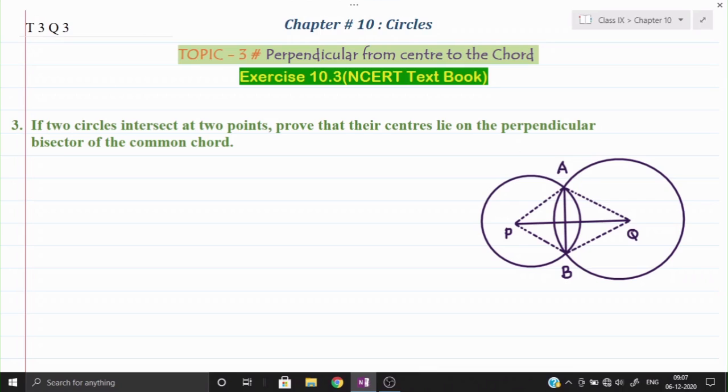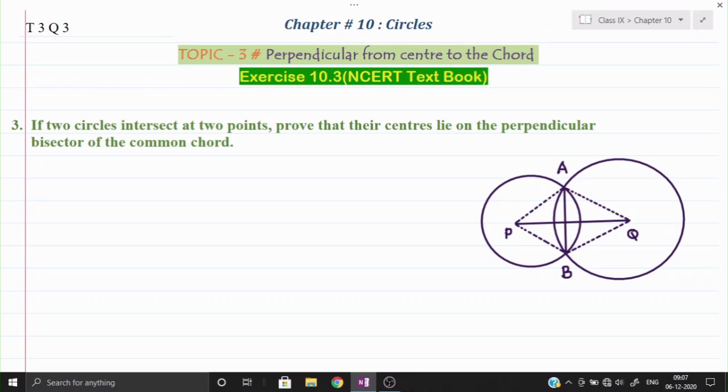and if I draw the perpendicular bisector, now in this context we can say that the perpendicular bisector will definitely be the horizontal line, because AB is a complete vertical line. So if a chord AB, we need to draw its perpendicular bisector, we need to draw one horizontal line, and that horizontal line we can assume as PQ.